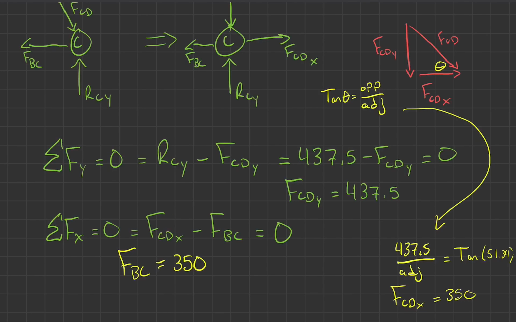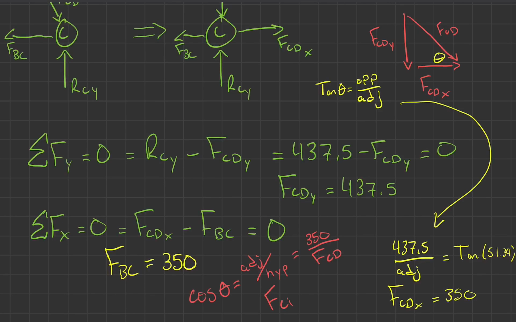And then if we use a cosine from our guy up here, cosine of theta is equal to adjacent over hypotenuse, which is equal to 350 over FCD. Work that out, you get FCD is equal to 560.27.